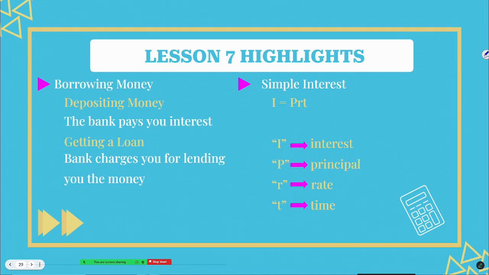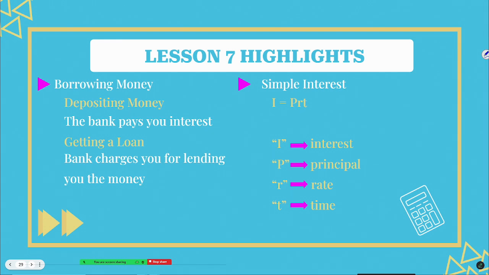We know that simple interest uses the formula I equals PRT, which means interest is equal to principal times rate times time. Principal is that amount that's invested or earned. Rate is as a percentage, but needs to be expressed as a decimal, and time must be expressed in years.